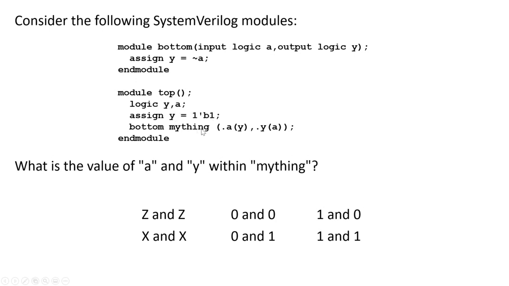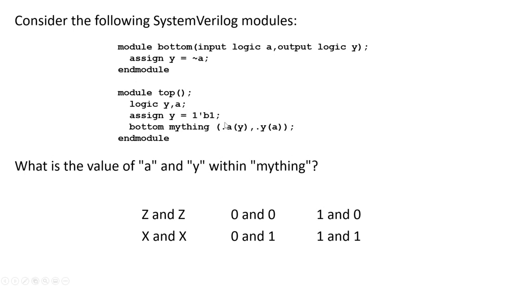We assign Y to 1, and then we connect Y to the A input on bottom, and we connect A to the Y output. This is confusing because we've got Y and A in top, and we've got Y and A in bottom, but because of the way we connected them, the Y and A in bottom are swapped compared to top.